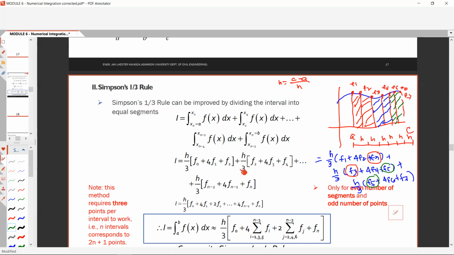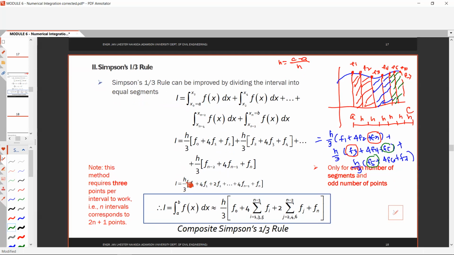Okay? So therefore, the formula is H over 3 F sub 0 plus 4 times F sub 1 plus 2 times F sub 2, up to 4 times F sub n minus 1, one term before the last term, plus F sub n.